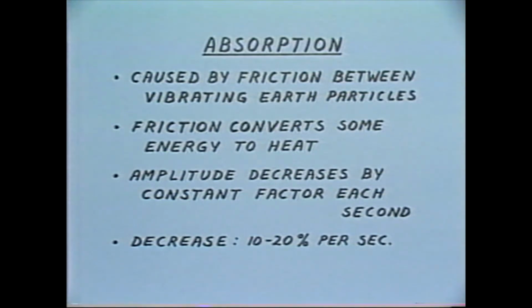So this causes a decrease in amplitude of the seismic wave, and it turns out that it decreases by a constant factor each increment of travel time, each second, for example. And typically it decreases by about 10 to 20% per second of travel time due to absorption.